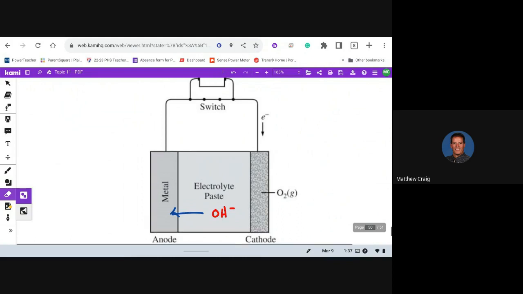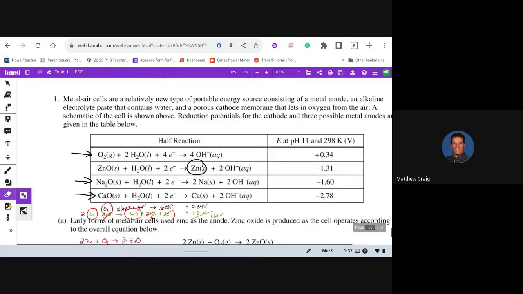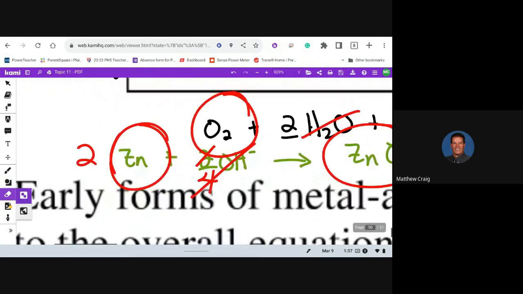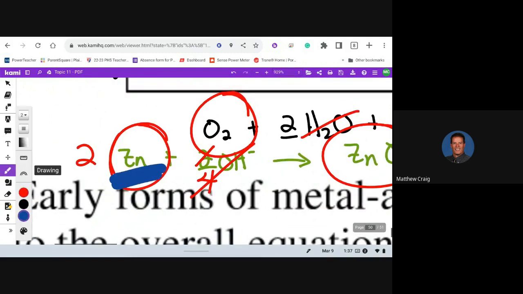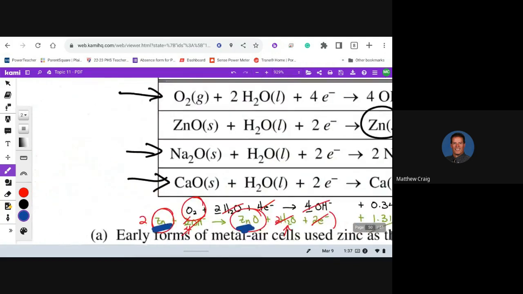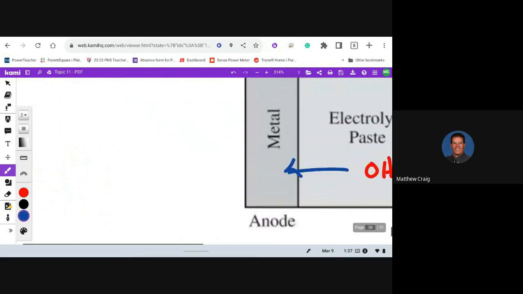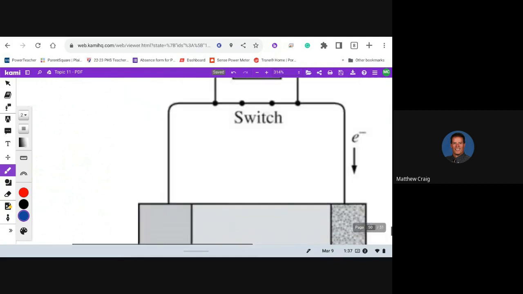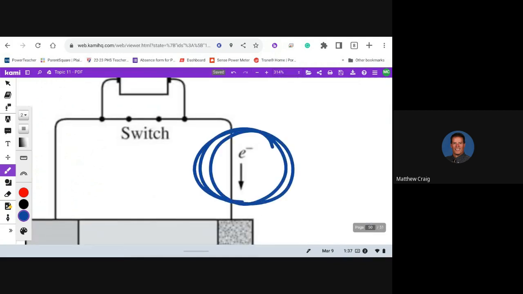Very good. So we know there's a couple reasons. As you look at the metal, which is, oops, don't erase it. It's zinc, and it goes to zinc +2 to form the zinc oxide. So that means that the zinc is changing. Also, which direction are the electrons flowing? Clockwise.